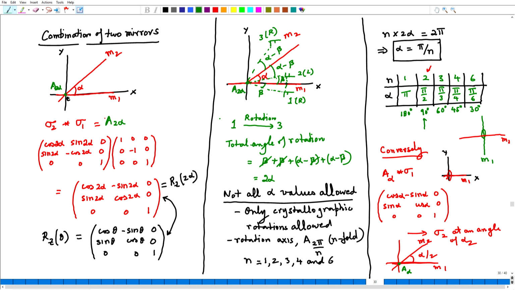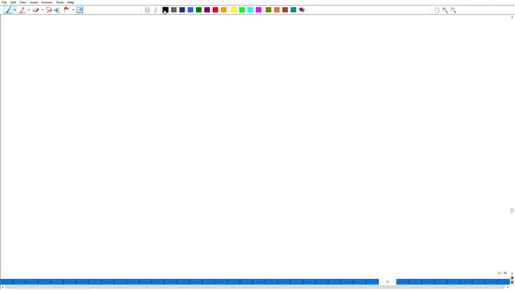So, now this I think should be quite straightforward, and we are now coming close to getting all the possible two-dimensional point groups. But just before that, let me put down a couple of properties of rotation and reflection matrices.